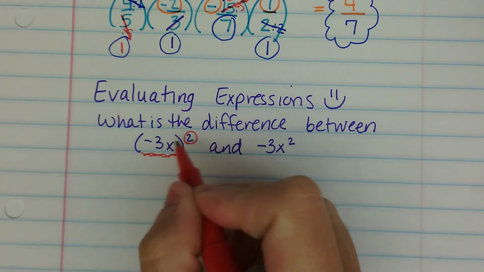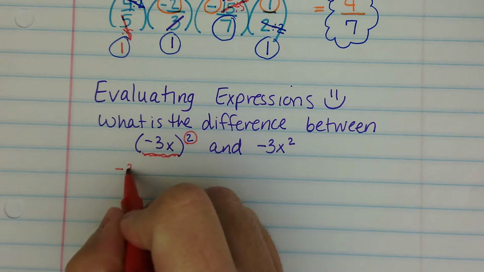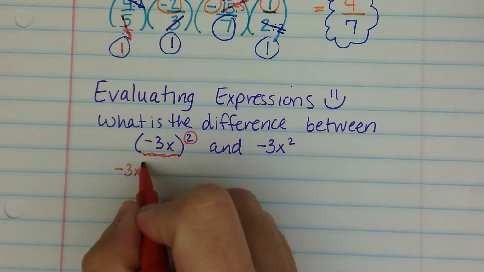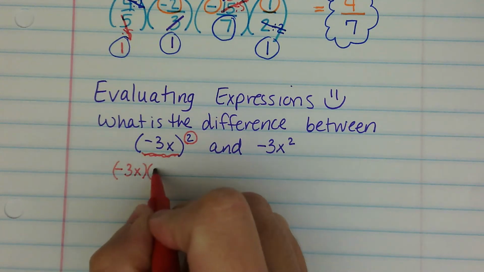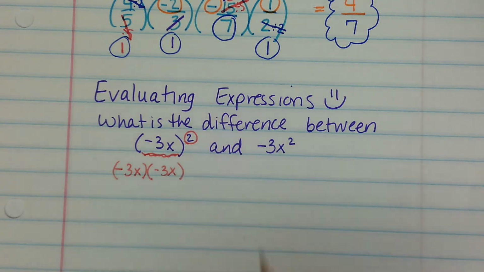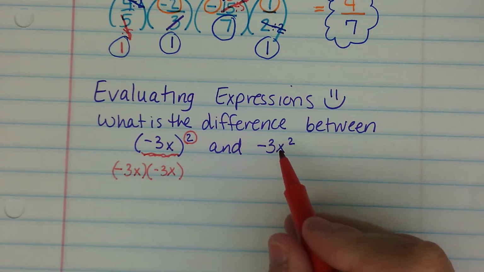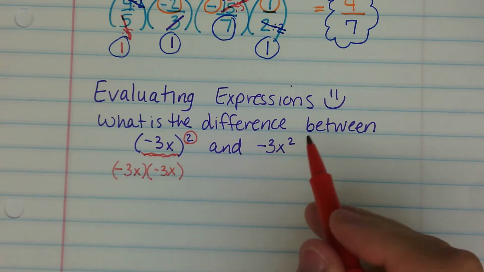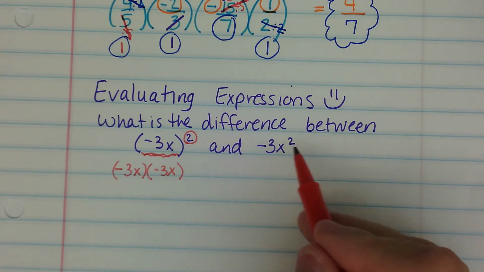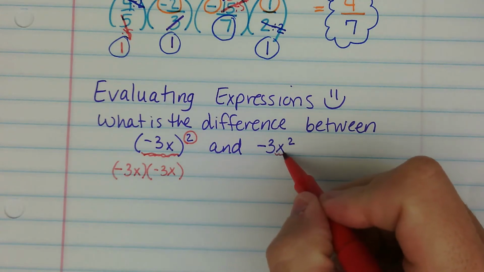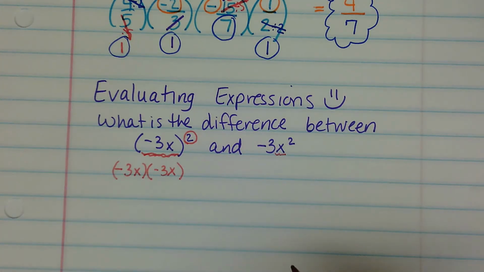So what this means is negative 3x times negative 3x. Whereas this one, the only thing that's holding that exponent is the x, not the negative 3.